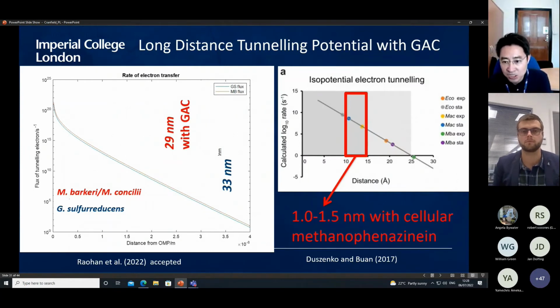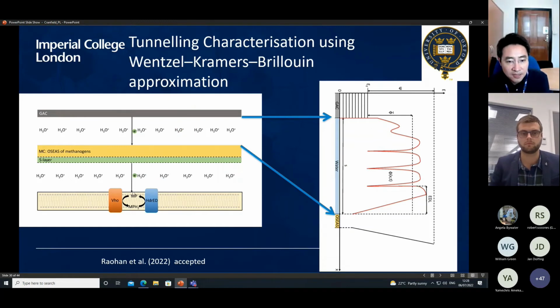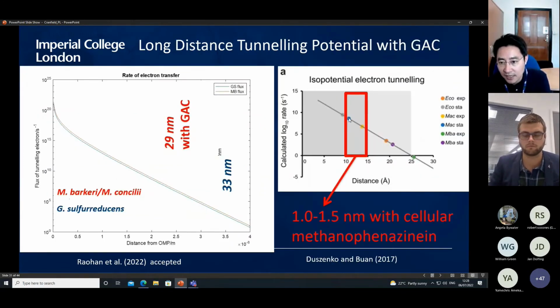There is one material called methanophenazine. It's an intramembrane substance, and it's also a conductive material. They calculated how quickly electrons transfer through methane production. Is that quantum tunneling? They figured out yes, in a range of 1 to 1.5 nanometers. So actually most methanogens do tunneling. We just don't really look into that in detail.